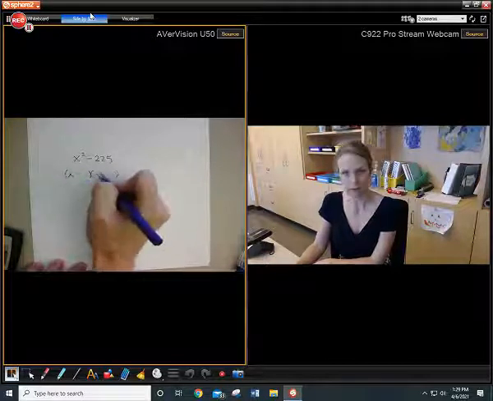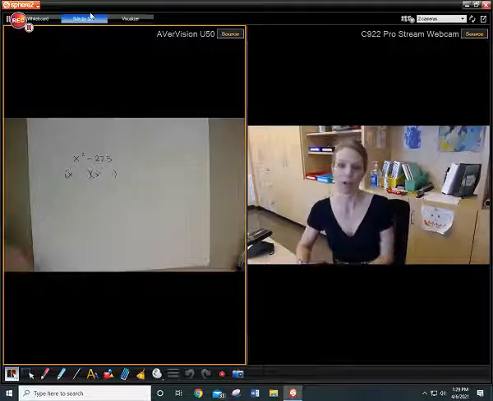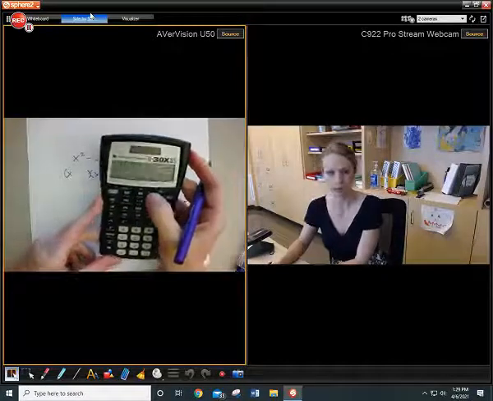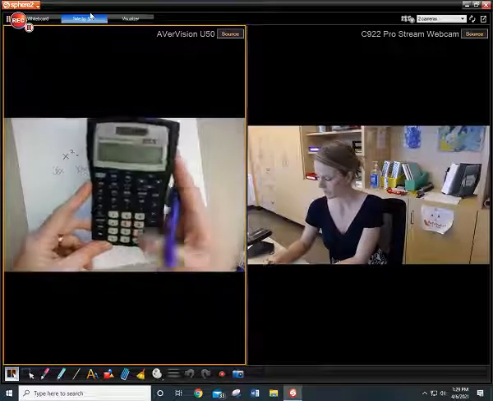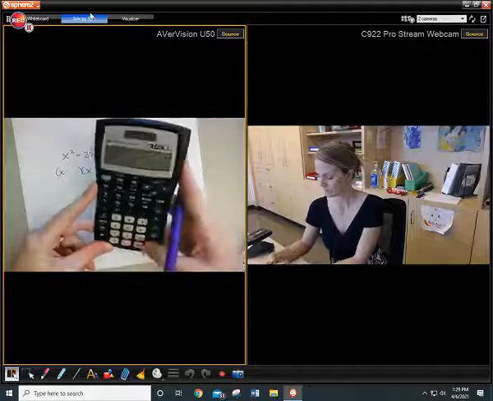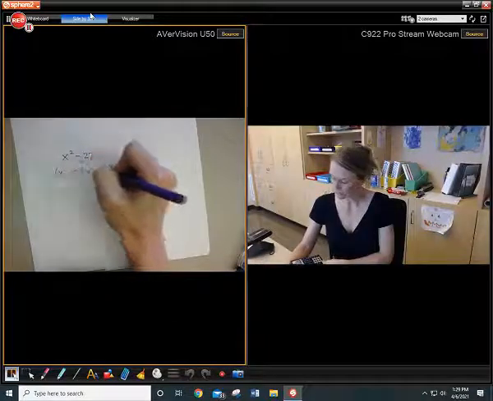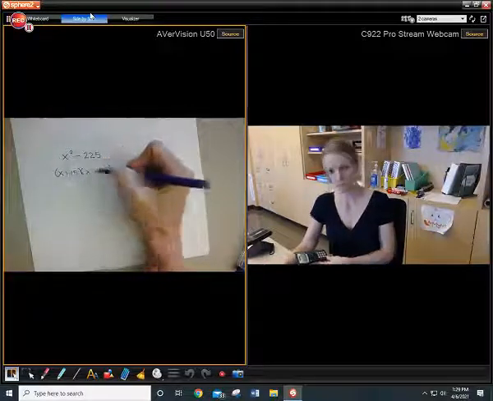I know it's going to be an x times an x to be the x squared, but I'm not sure if 225 is a perfect square. Grab your calculator and type in the square root of 225. And I get 15. So because this one was the difference of two squares, they have to multiply to be a negative, so this is that one of each sign.